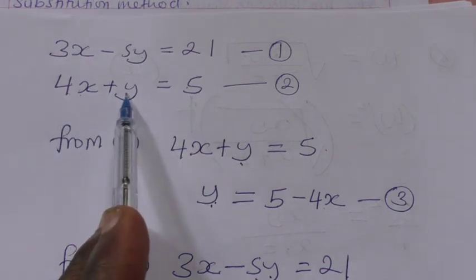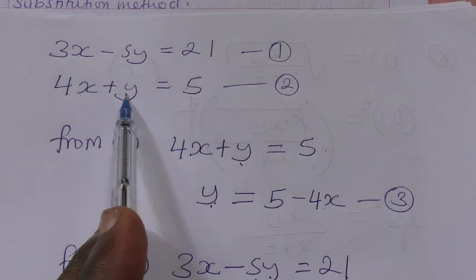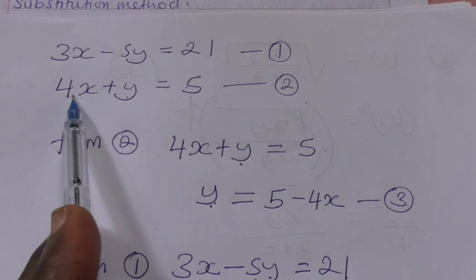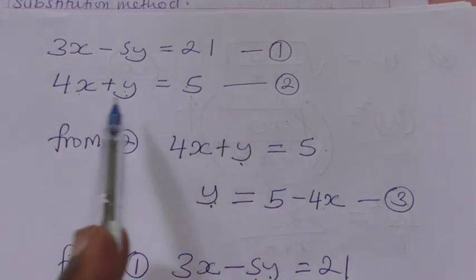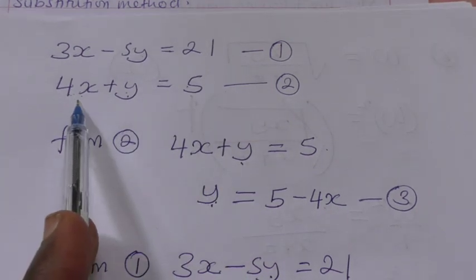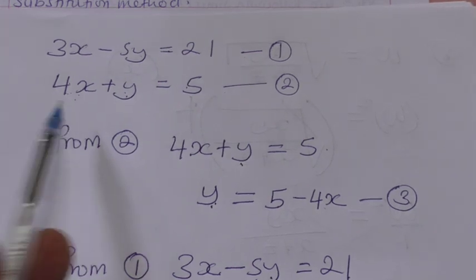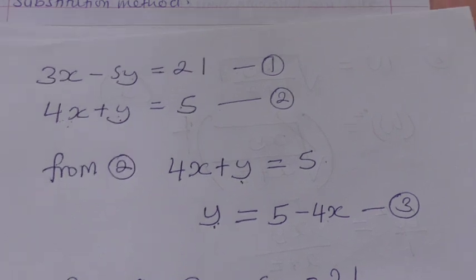Yes, y has a coefficient, but it's a silent one. So I could easily make y the subject by simply shifting 4x to the other side. But if I'm to make x the subject, then I'll get a fraction. This is what I mean.